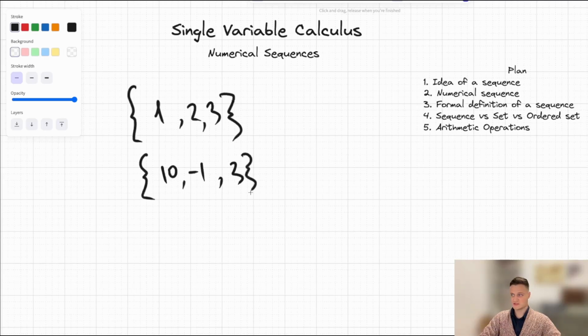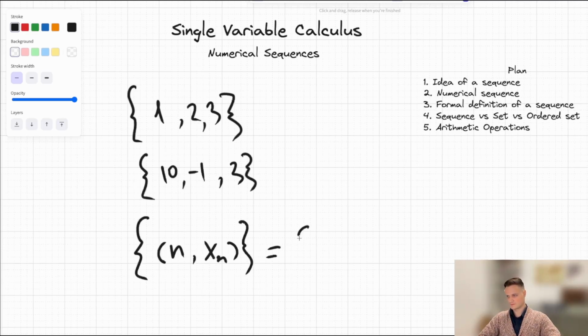And we can define a sequence using sets, using the following idea. We say that each term is a pair of elements of the following shape, containing the index and the value itself. For example, this may be the following set.